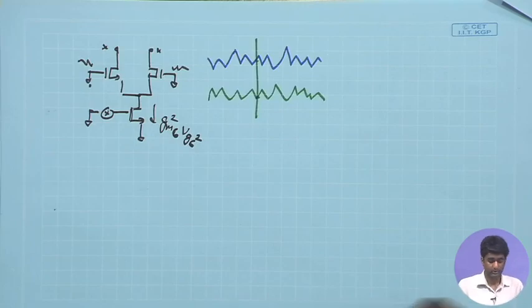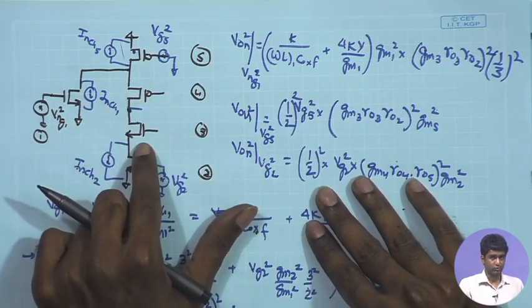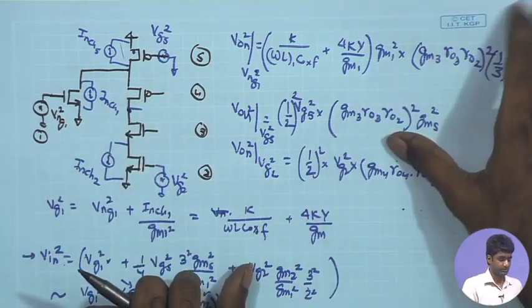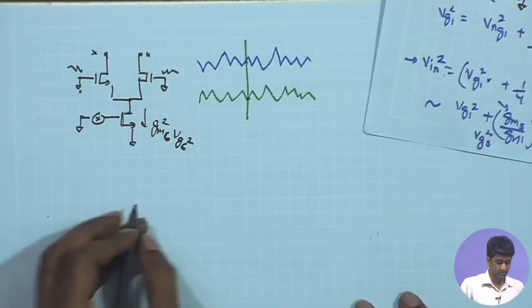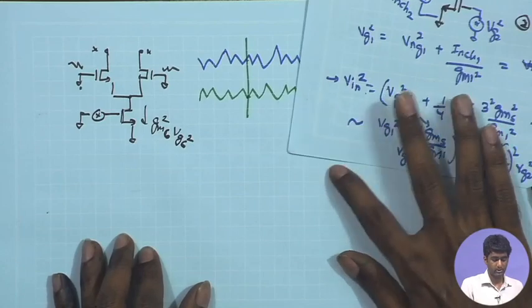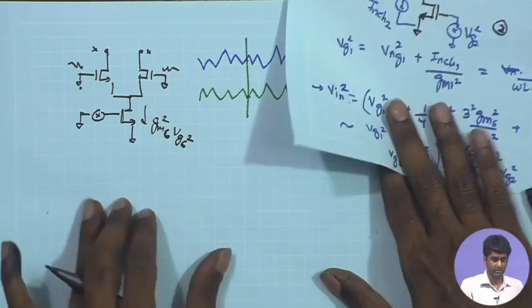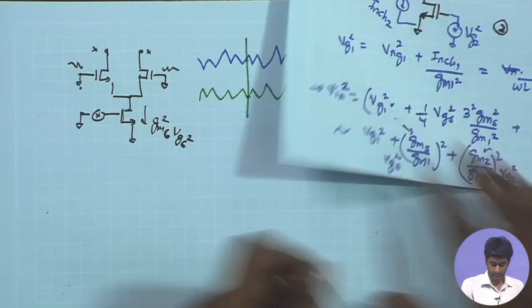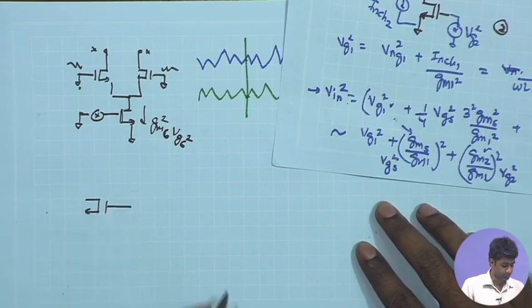Now let us try to answer another issue which deals with the noise contribution of these cascode devices, the cascode PMOS and cascode NMOS. So I can look at both the noise contributions, the gate noise, the flicker noise, which is modeled as a series voltage in the gate, and the second one, the channel current noise. I can just look at the NMOS condition, and the results will be similar to the PMOS.